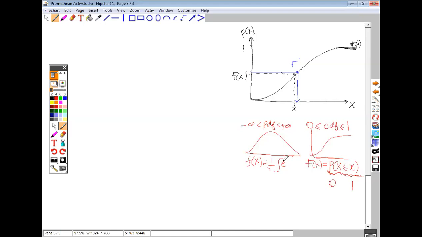Yes. So again, can someone remind me what are the bounds on my values that this CDF can take? Are you guys there?